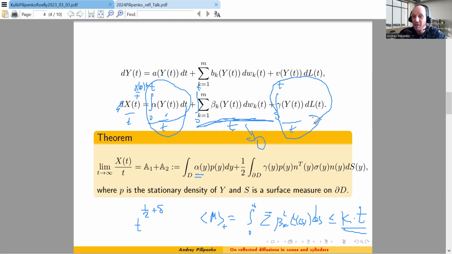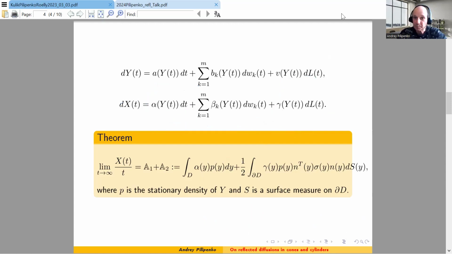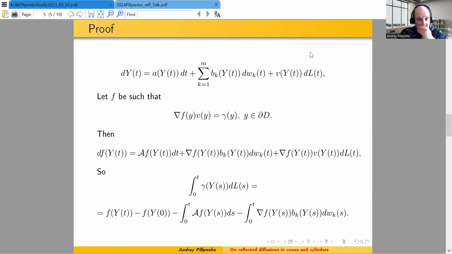And this is the most interesting part. Let me explain to you how to work with this additive functional.